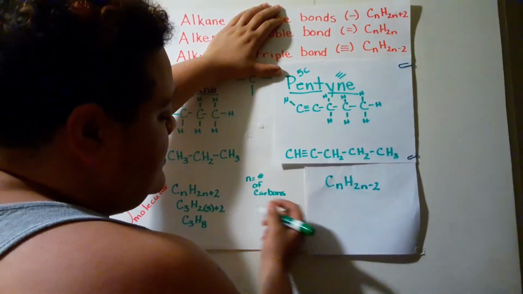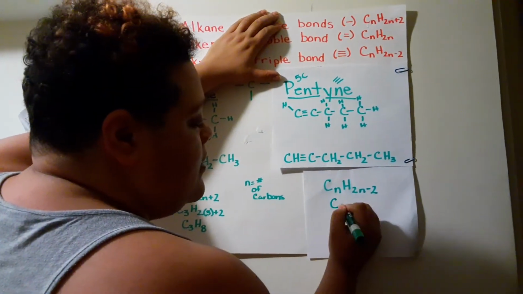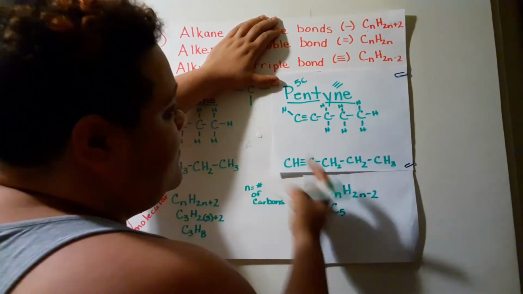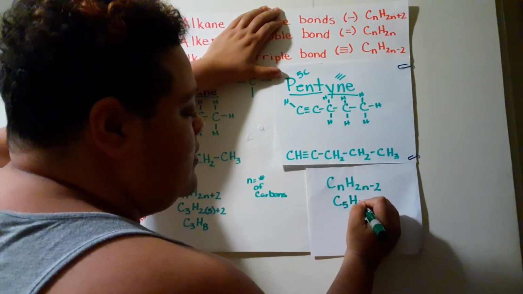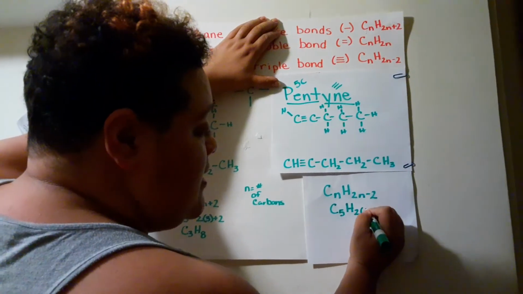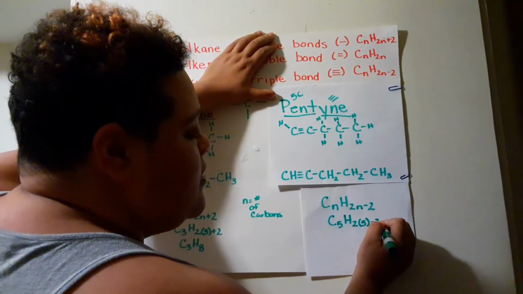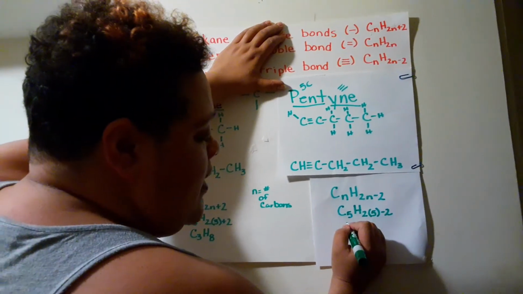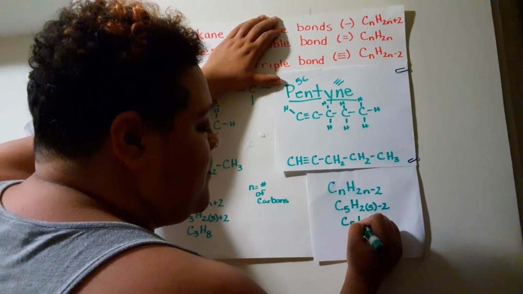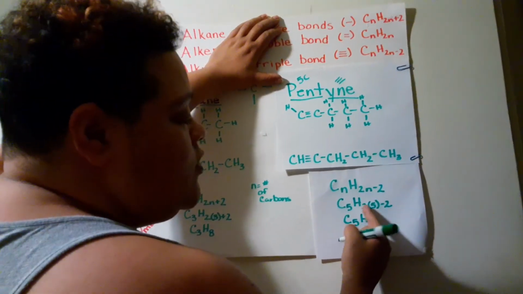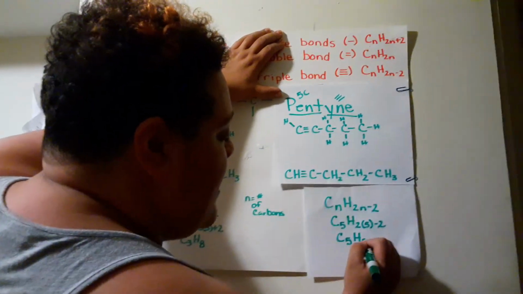So once again, let's fill in our n, which is our number of carbons, which is 5. Then we have our hydrogen, which is 2 times n, or in this case 2 times 5, minus 2. Go ahead and bring down your carbons, which is C5. Then we have 2 times 5 is 10, minus 2 is going to be 8.